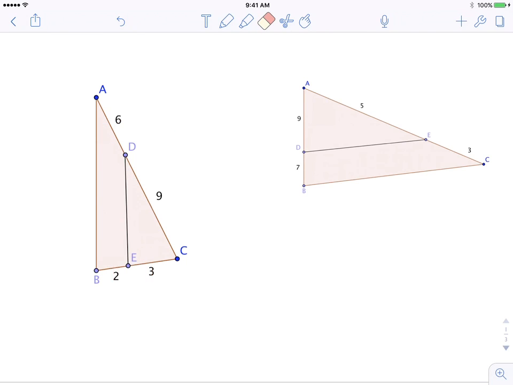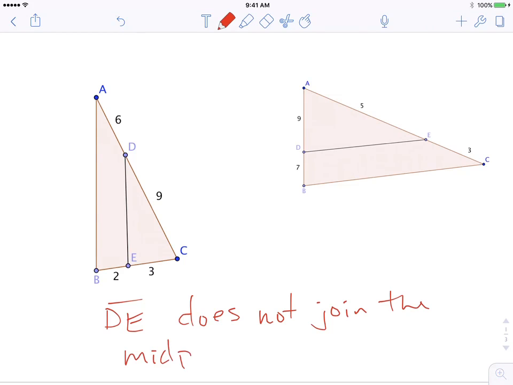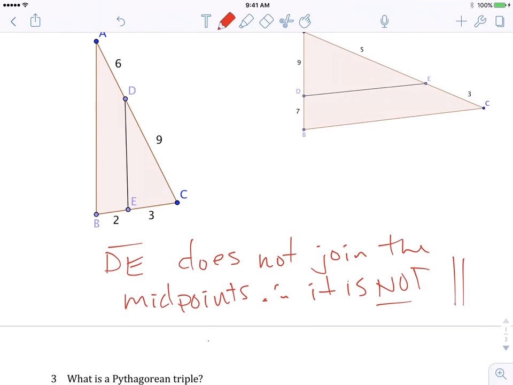Therefore, the line DE does not join the midpoints. Therefore it is not parallel, and the short form would be: the line is not parallel to the third side.